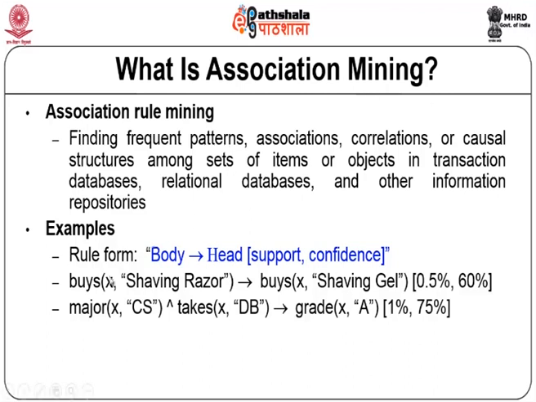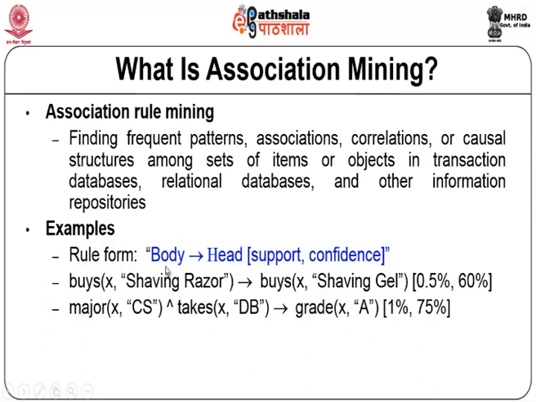You can consider a rule of the form body implies head. What is the meaning of the rule is, suppose if there is an entity called body, then it implies there must be a presence of head. Now, this rule can be treated as an association, a representation of the association between the two items or entities body and head.